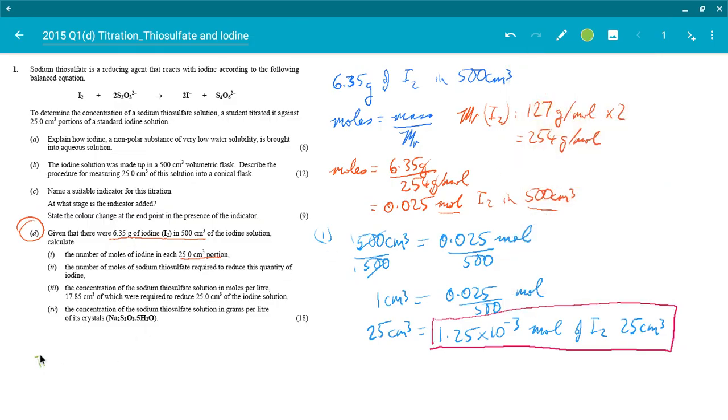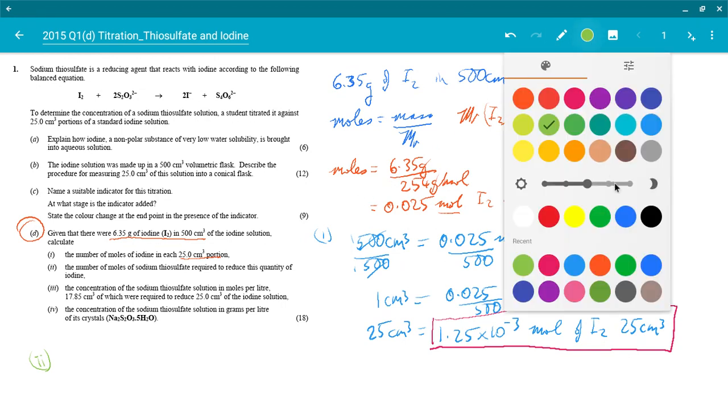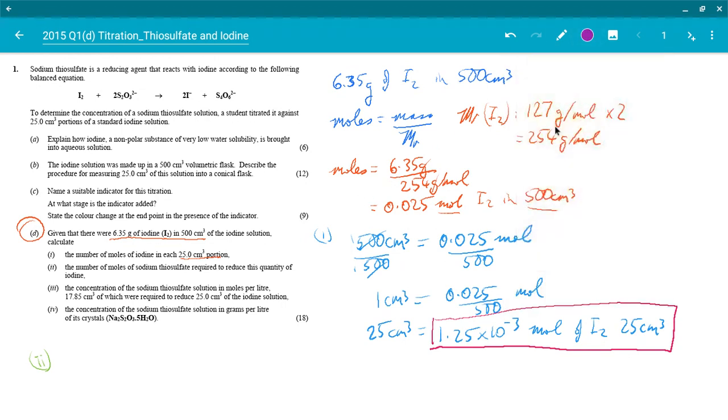So part 2, the number of moles of sodium thiosulfate required to reduce this quantity of iodine. So I look up here at the chemical equation, and it's a ratio of 1 to 2. 1 mole of iodine reacts with 2 moles of sodium thiosulfate.